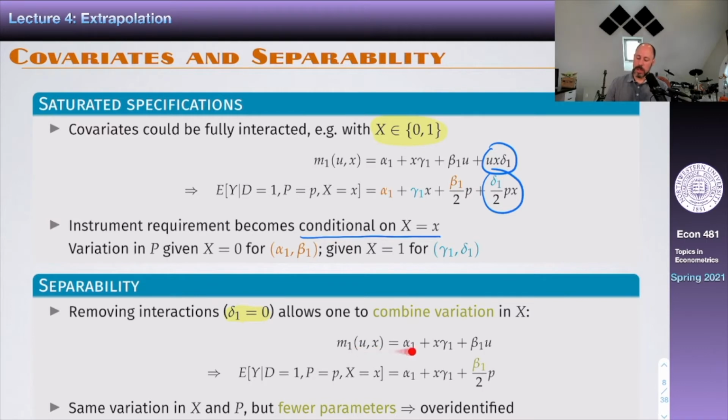And so, it's just a constant, a component that depends on X and a component that depends on U. And now you compute the conditional expectation as before, and then you see that you have a conditional expectation that is separable in the X's and in the propensity score. Not only has it fewer parameters now, but as I said, in general, it will allow us to use variation in the propensity score that is unconditional as opposed to conditional on X.